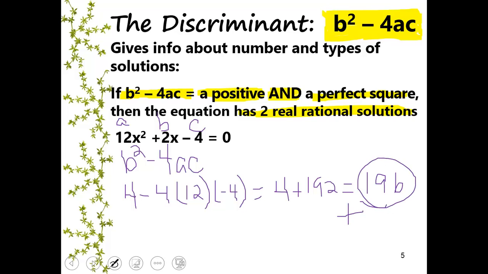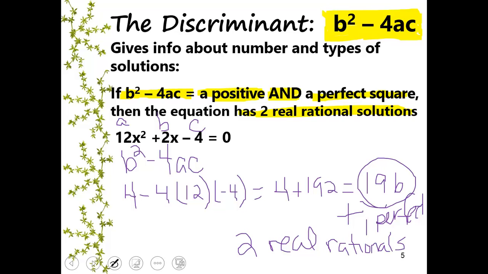It's positive and perfect. So that means I'm going to have 2, that's the number of solutions, real, rational solutions.